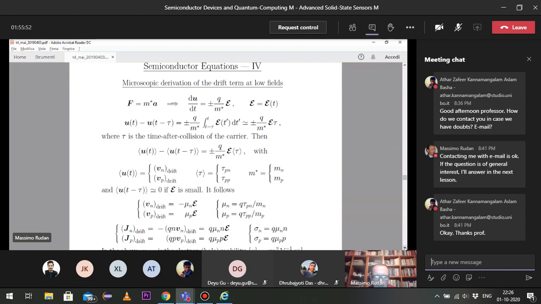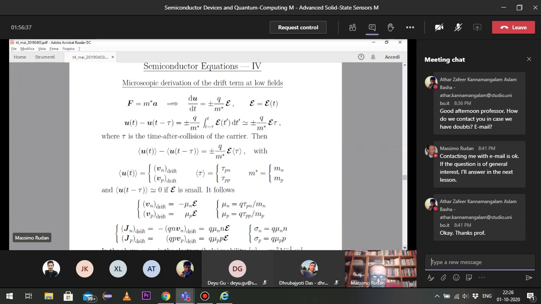Similarly, the average of tau is a time that is indicated as tau sub Pn for the electrons, or tau sub Pp for holes. The second index, N or P, stands for electron or hole. The first index stands for momentum. So tau Pn is called the momentum relaxation time of the electrons. Tau Pp is the momentum relaxation time for the holes.